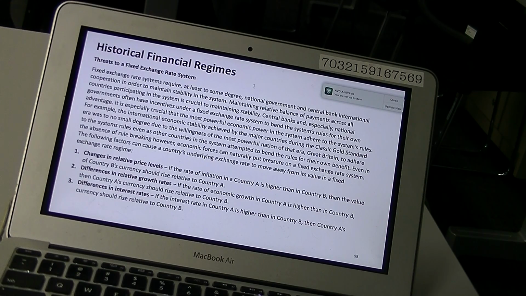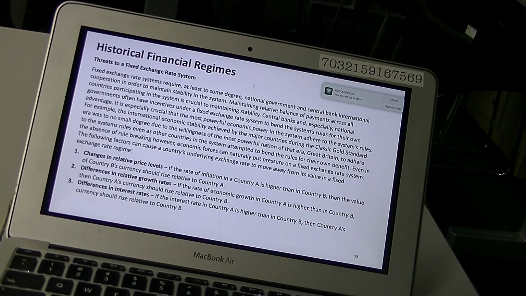There are also differences in relative economic growth rates. If the rate of economic growth in country A is higher than country B, then country A's currency should in general rise. Also, if the interest rate is higher in country A than in country B, then country A's currency should rise relative to country B's.